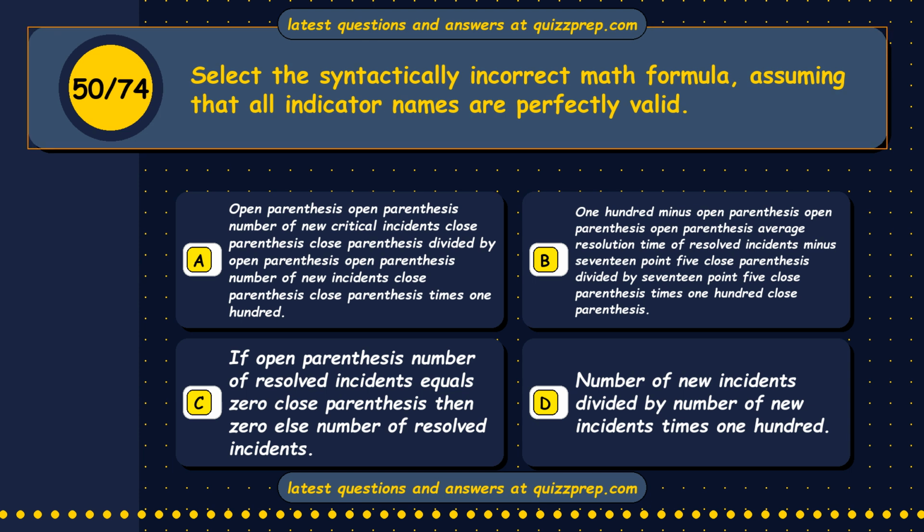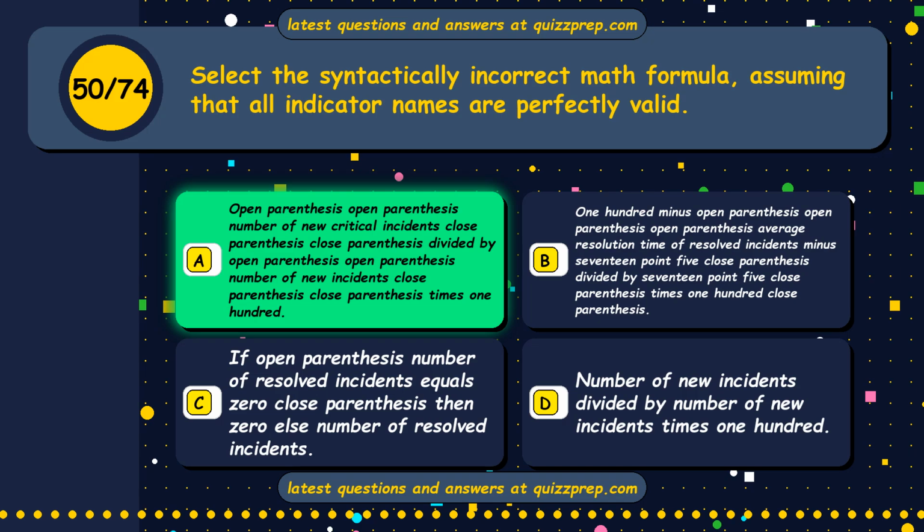Option C. If open parenthesis number of resolved incidents equals 0 close parenthesis then 0 else number of resolved incidents. Option D. Number of new incidents divided by number of new incidents times 100.